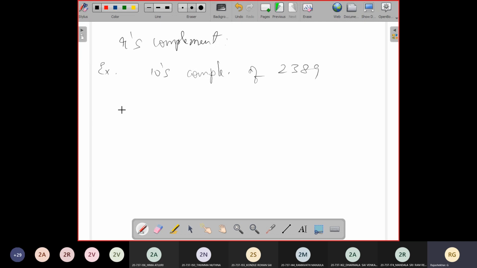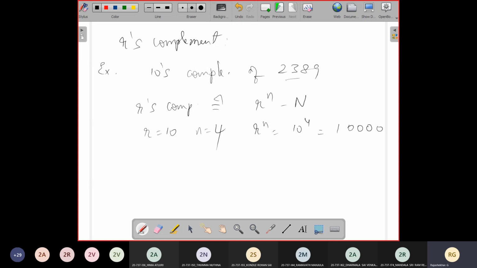So how do you do it? By definition, R's complement is defined as R^n minus the given number. Agree? So what is R in this case? R is 10. How many digits are there? 4 digits, so small n is 4. So R^n becomes 10^4, that is 1 followed by 4 zeros.